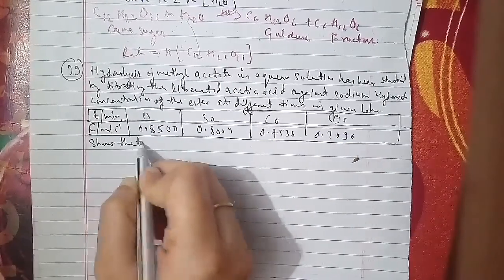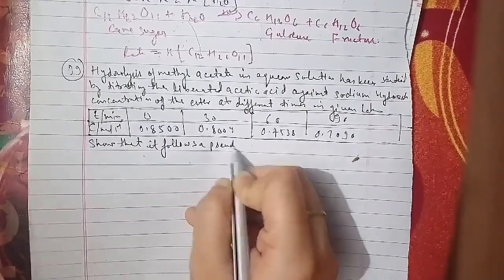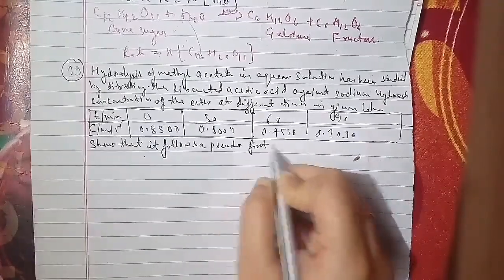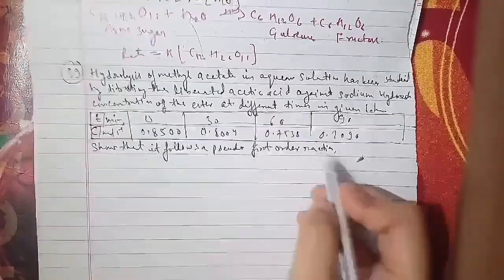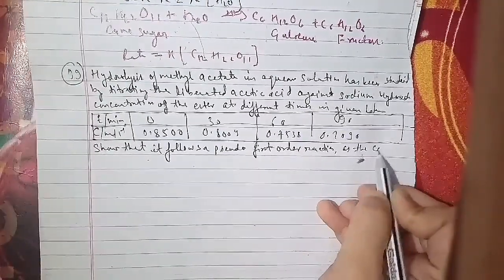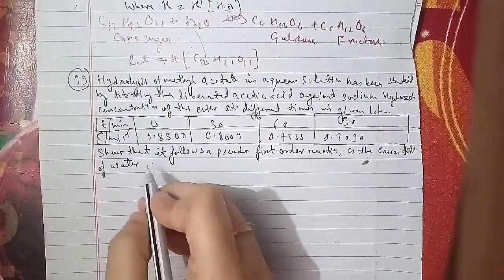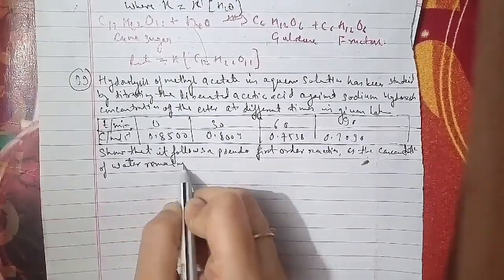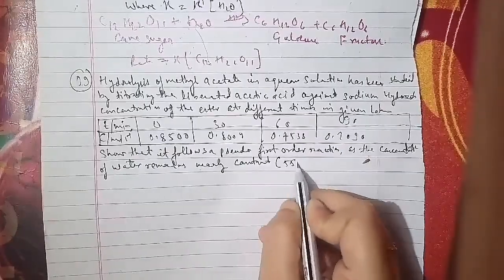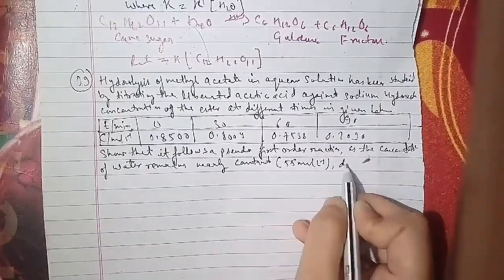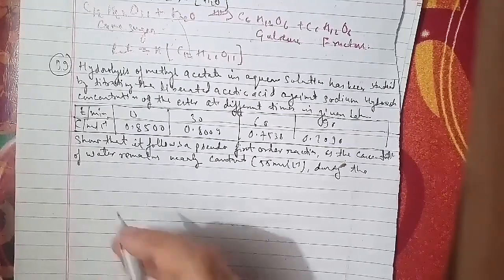The question: show that it follows a pseudo first order reaction, as the concentration of water remains nearly constant, that is 55 mole liter inverse, during the course of the reaction.